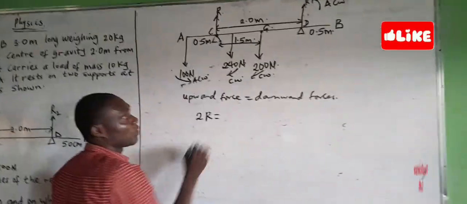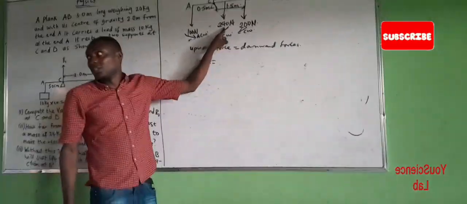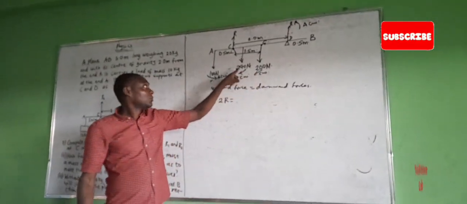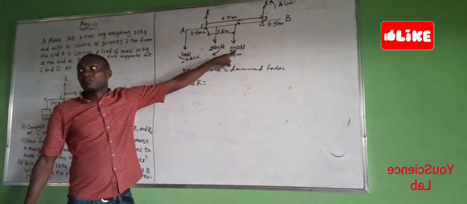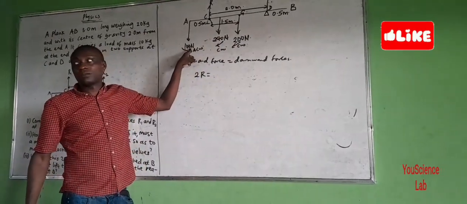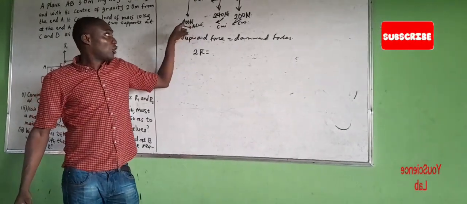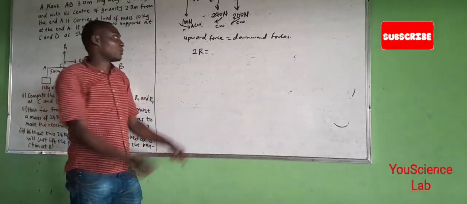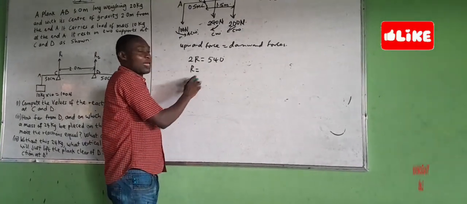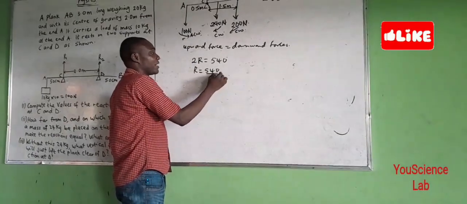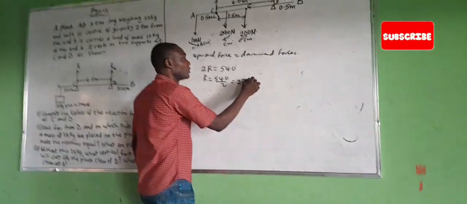Now the two R is equal to the downward forces, which are 100 plus 240 plus 200. We converted the kilogram to Newton. So that's 200 plus 240 plus 100. That's 340 plus 200, which is 540. So R is 540 divided by 2, which is equal to 270 Newton.